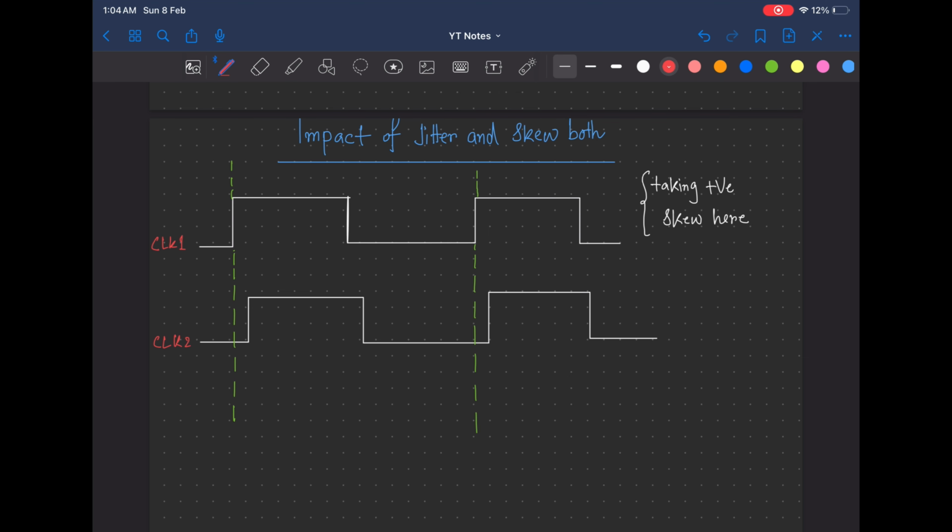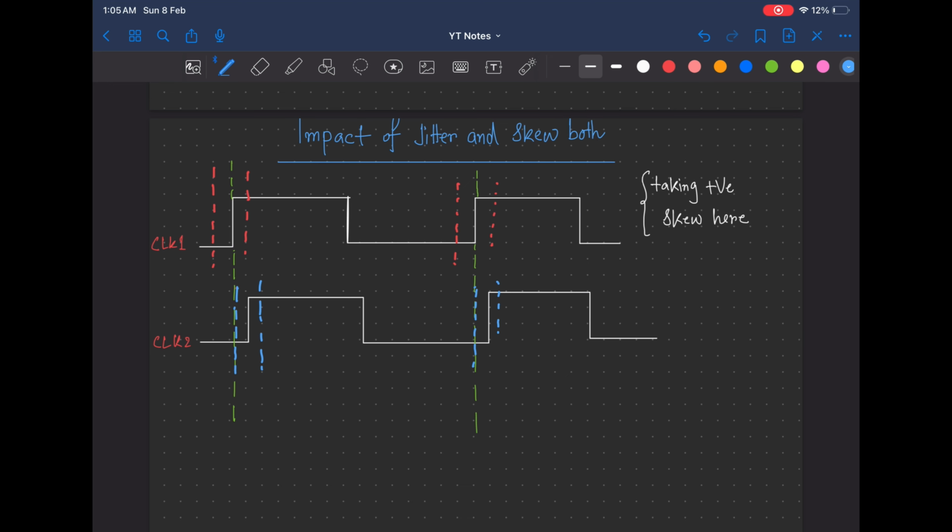Now because of jitter at the clock 1, obviously jitter will impact the circuit in this way, that T clock 1 will increase or decrease somehow, and the same as T clock 2 also increases or decreases.